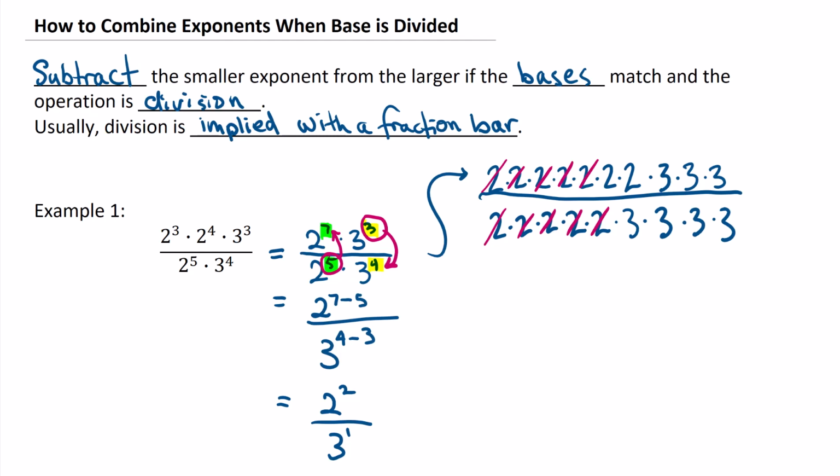Notice that I was able to divide out 1, 2, 3, 4, 5 common pairs, which is also what I subtracted from my exponent of 7, and I'm left with 2 to the second in the numerator. Now let's divide out pairs of 3. 1, 2, 3. There were 3 pairs, numerator, denominator, that we reduced out, and there's a 3 left in the denominator. So this is why it works. We're reducing out the common factors and leaving what's left over. But this is so much easier than what I just showed you.